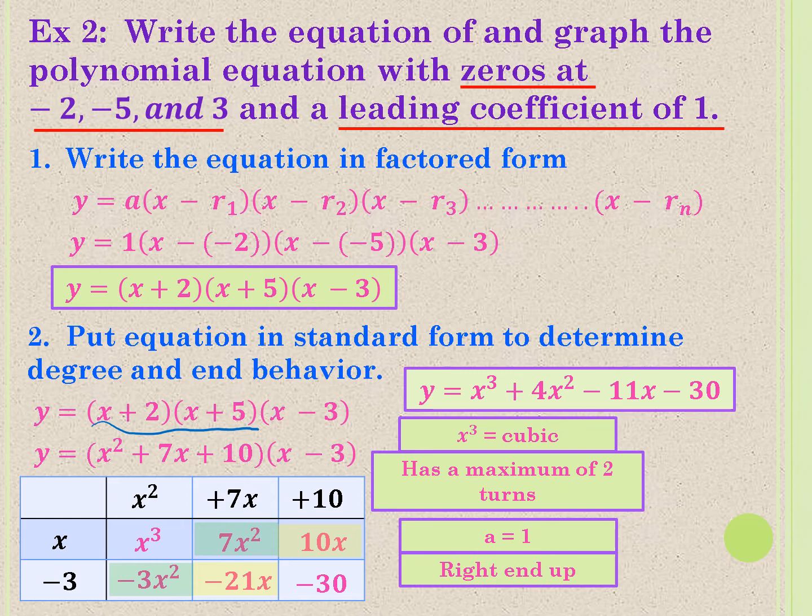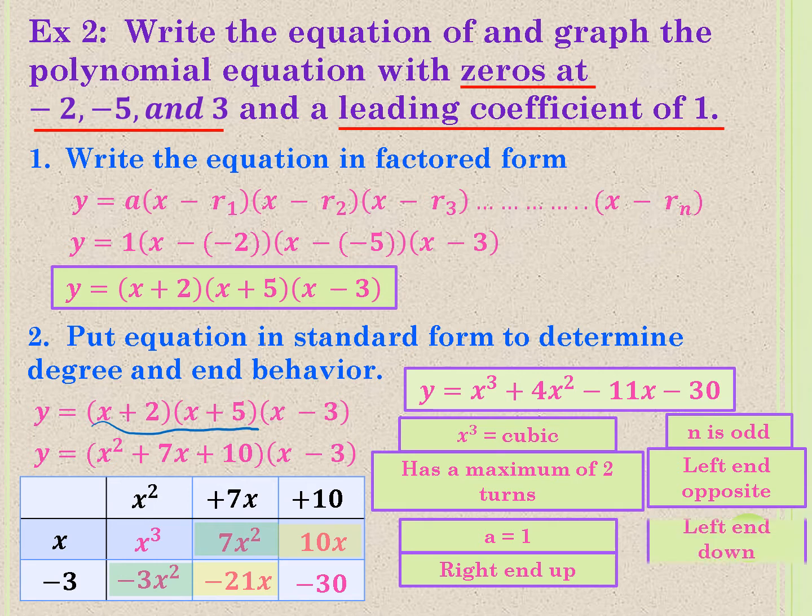So that means my right end is going to go up. For left end, the n is odd. 3 is an odd number. So odd means opposite. Opposite of right end up is left end down. So opposite of up is down. So cool. We know maximum number of turns, we know left end, and we know right end.